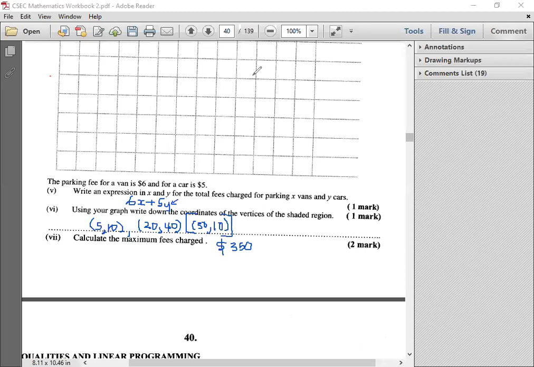Sure. And sir, can you work velocity time graph with us? Velocity time graph is not coming in the exam. It would have come at question 8, but the topic for question 8 is linear programming.